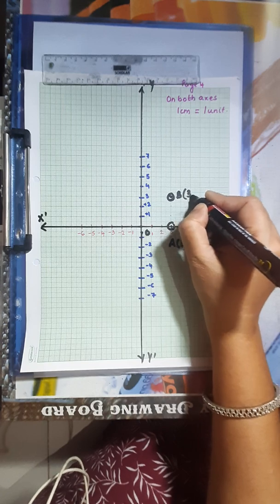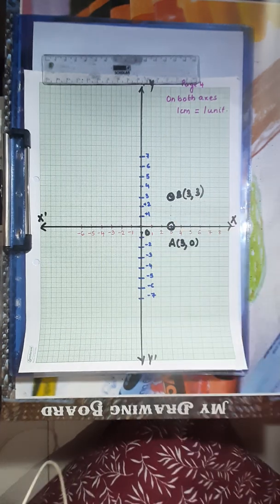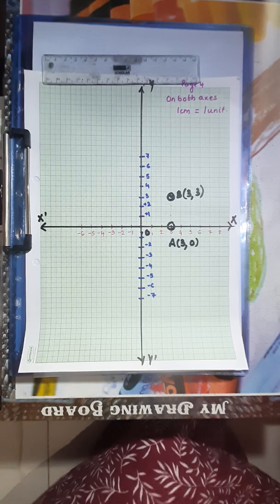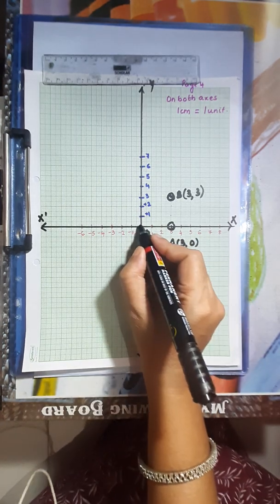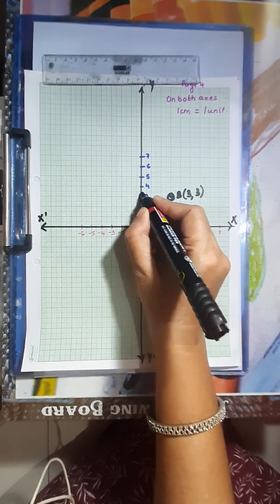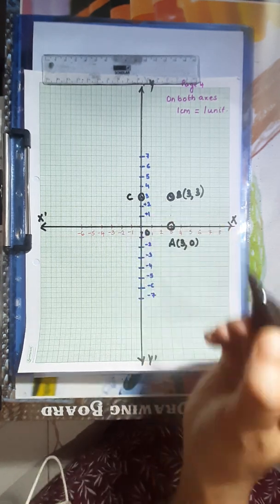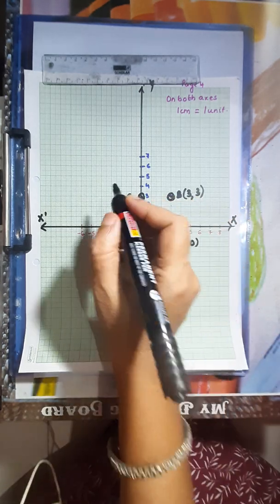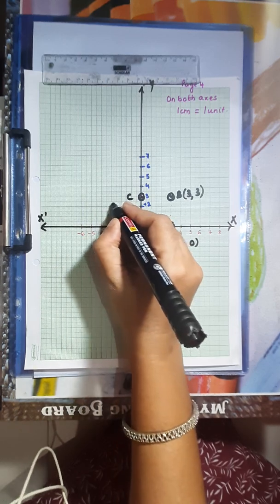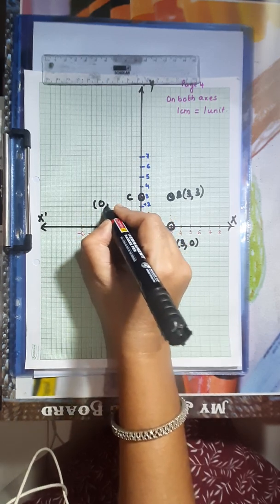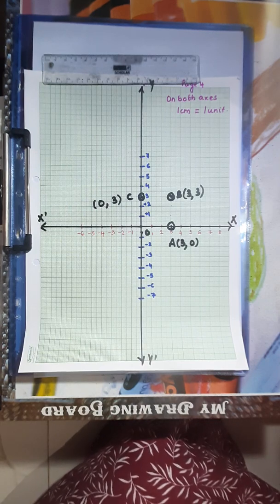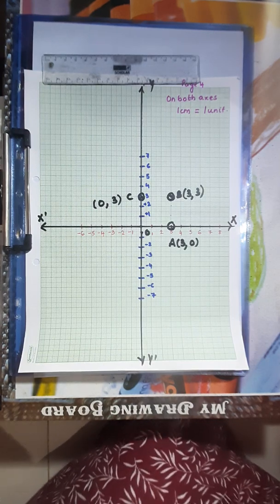Now the next one is C (0, 3). So I'll go up 3: 1, 2, 3. So this is my point C. Join AB and BC.